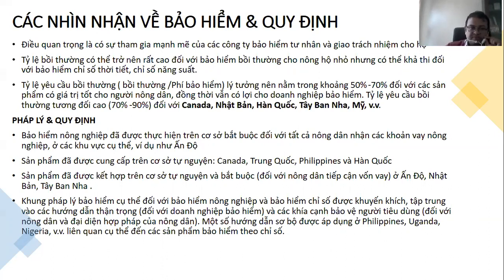And ideally, we see that in countries like Canada, Japan, South Korea, Spain, and the USA, claims ratios have been quite high, between 70 to 90%, which indicates that they should be quite good value for money for farmers because the claims ratios are high. At the same time, they are not in excess of 100%.